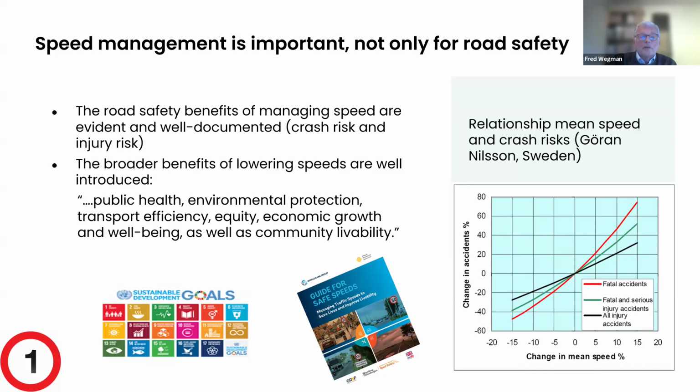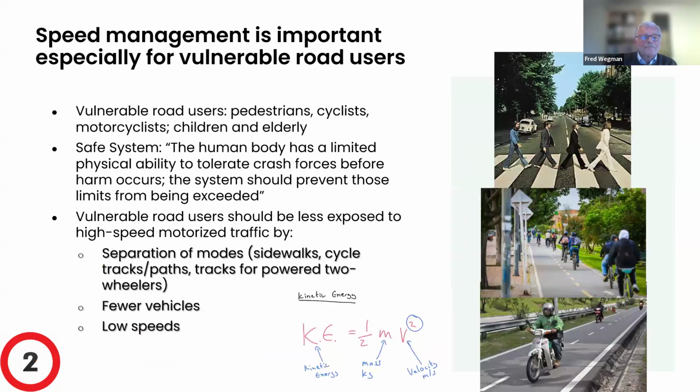And in this specific report, you can find some pages illustrating this. So if you are looking for reasons why you would like to do more than just improving road safety, go to this report, and then you can see that other sustainable development goals are improved as well. Next, please.